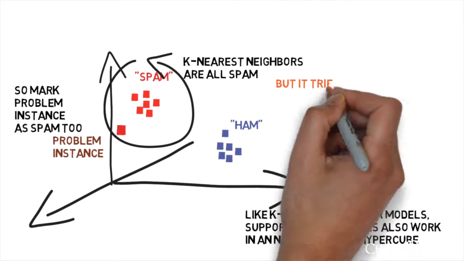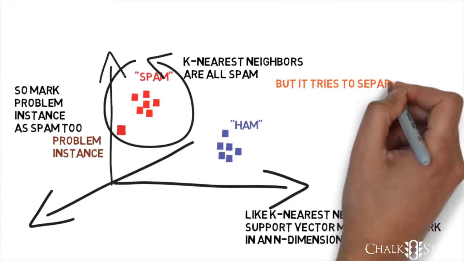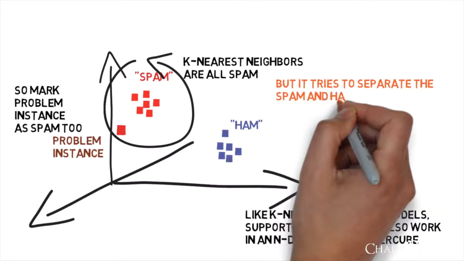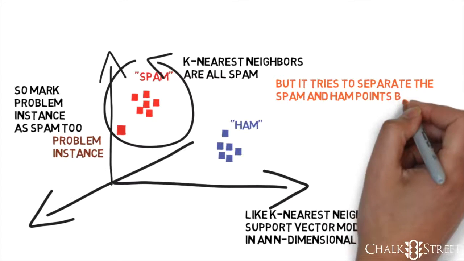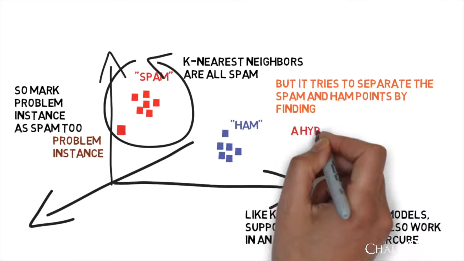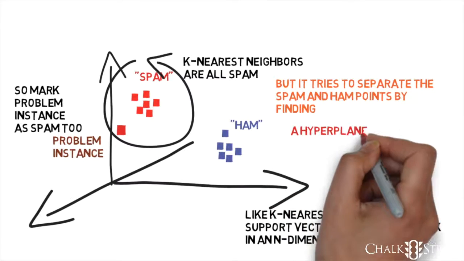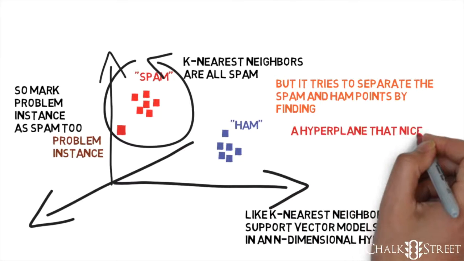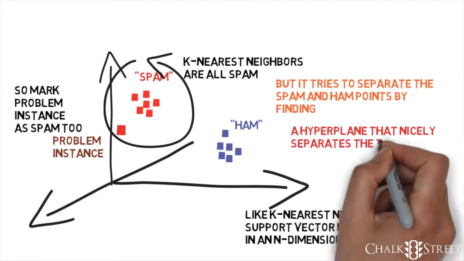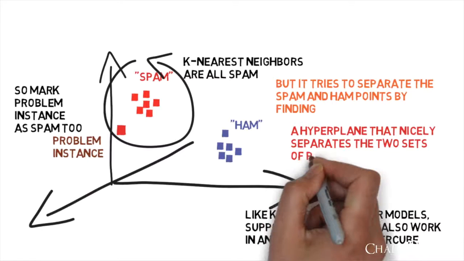But it basically tries to find a separating boundary between the two clusters, spam and ham. It finds this boundary, which is called a hyperplane. This hyperplane will neatly separate the two groups of points, spam and ham.